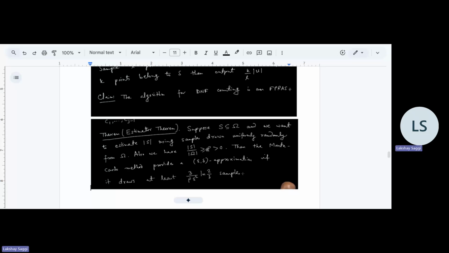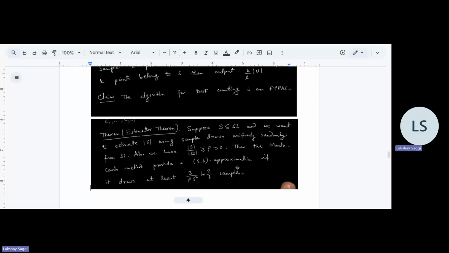And suppose the size of S divided by size of omega is greater than or equal to some value rho, which is greater than 0. Then the Monte Carlo method provides an epsilon-delta approximation if it draws at least 3 over rho epsilon square ln 2 over delta samples.